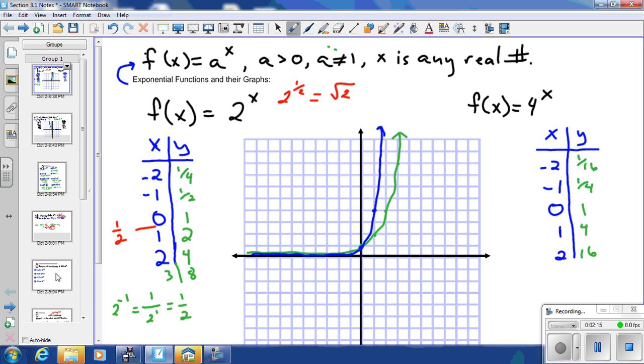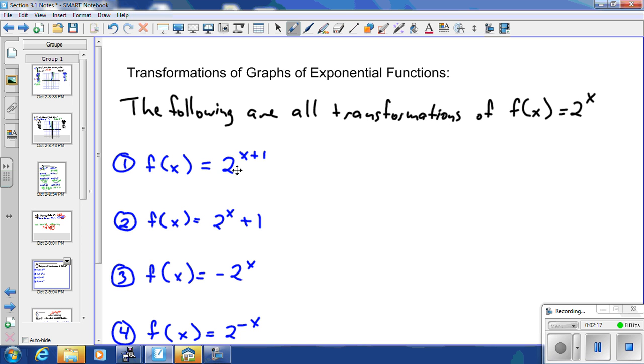So what's going to happen if we have, instead of 2 to the x, now we have 2 to the power of x plus 1? Well, what this is really is f of x plus 1. Because instead of taking 2 to the x, now if this was x plus 1, we'd have exactly this thing.